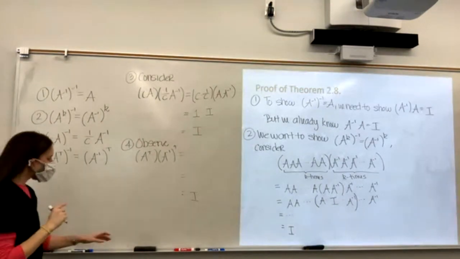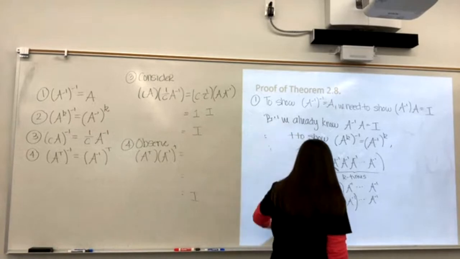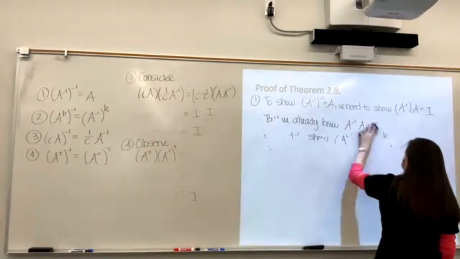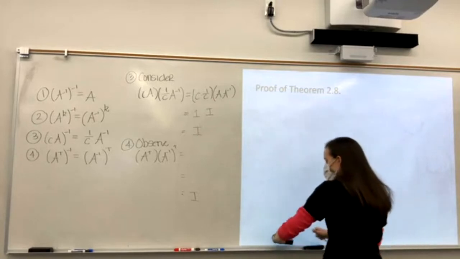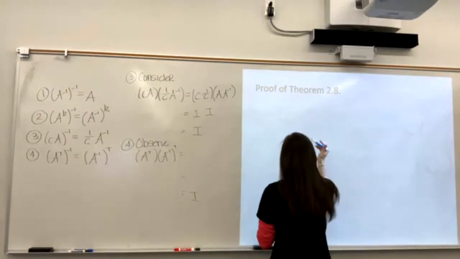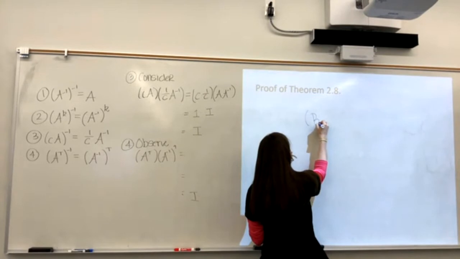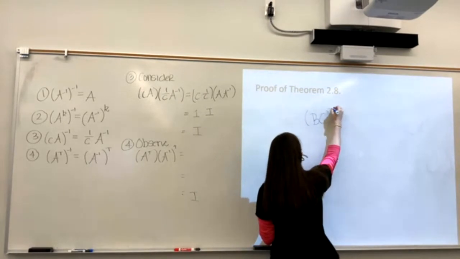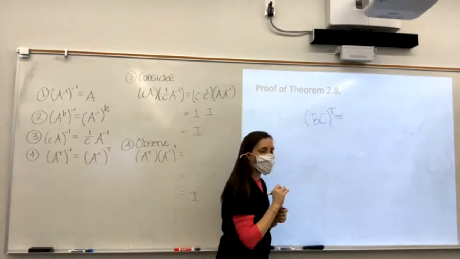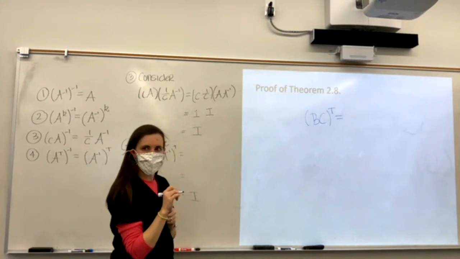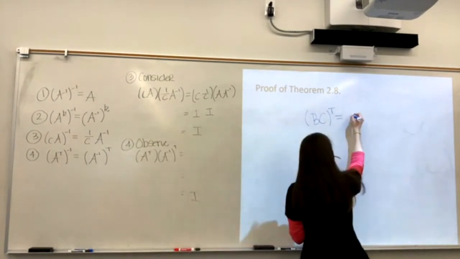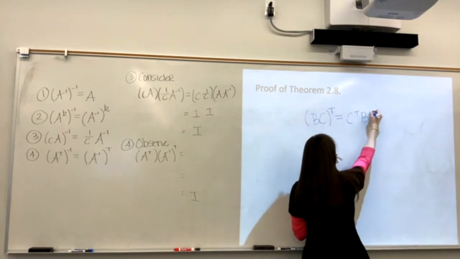Okay, so I'm going to do a little scratch work over here to help us remember some of our properties of the transpose. If I have two matrices, B times C, and I take the transpose of that product, do we remember what we get? C transpose, B transpose, the order flips.